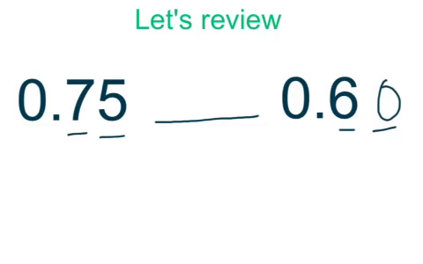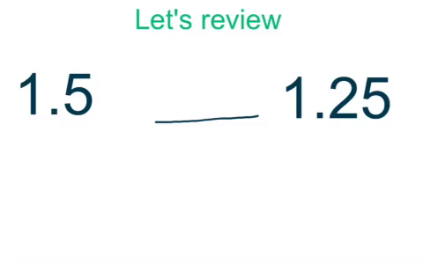So if we look at this again, we have 75 hundredths or 60 hundredths. Which one would be bigger? And we know that 75 is bigger than 60, so 75 hundredths would be bigger than 60 hundredths or 6/10ths, 6/10ths, excuse me.